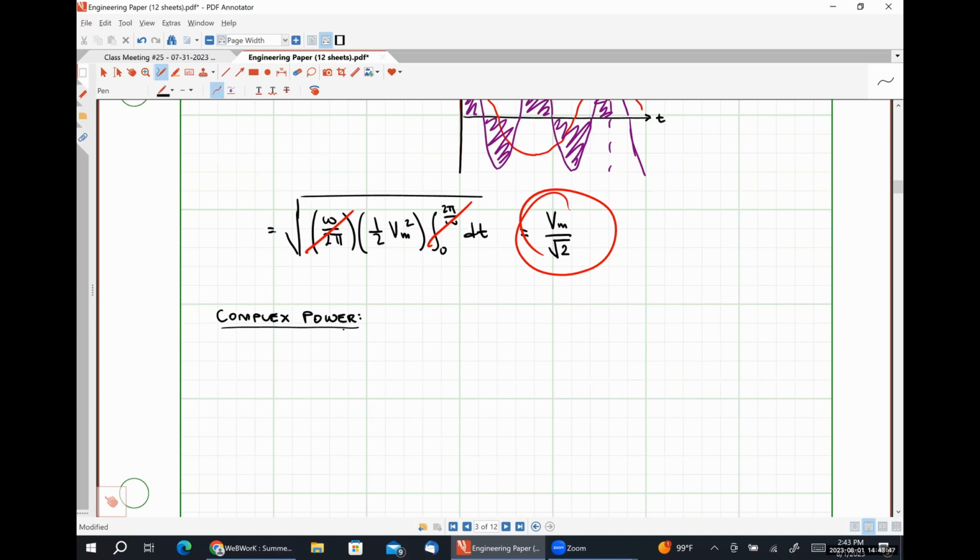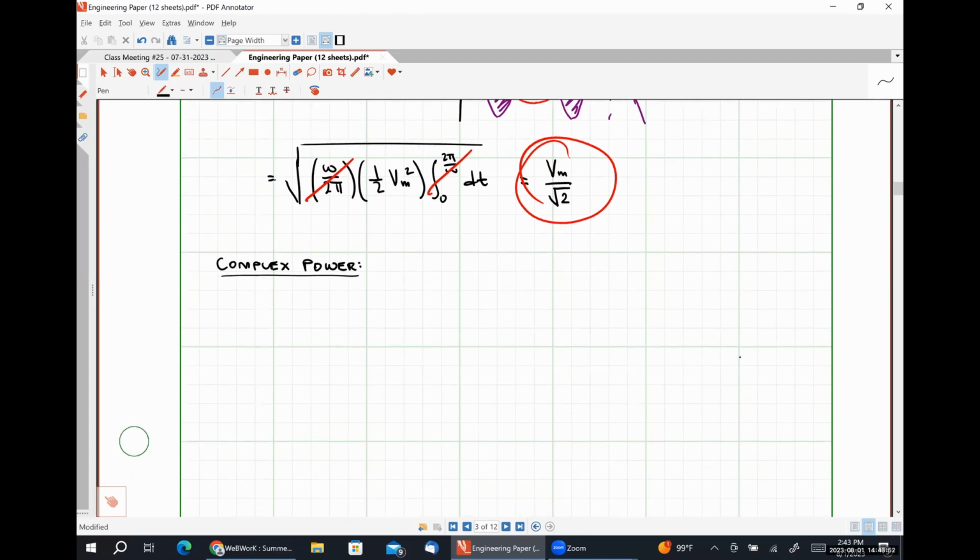So I want us to look at our relationship for average power that we came up with in class yesterday. 1/2 the magnitude of the voltage times the magnitude of the current times the cosine of theta V minus theta I, okay?